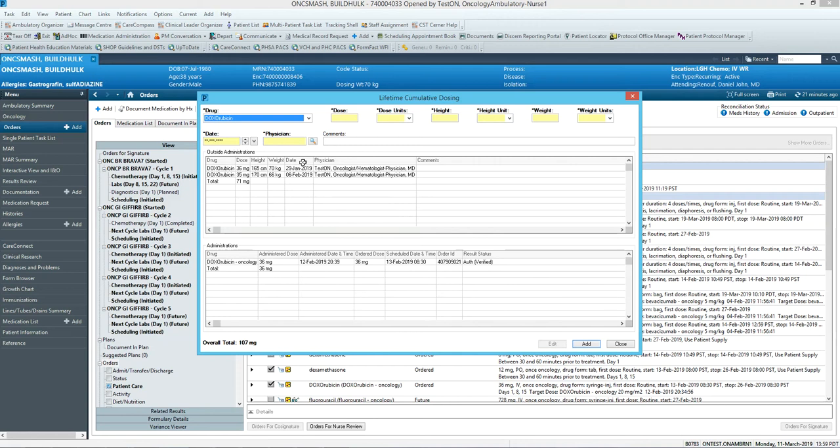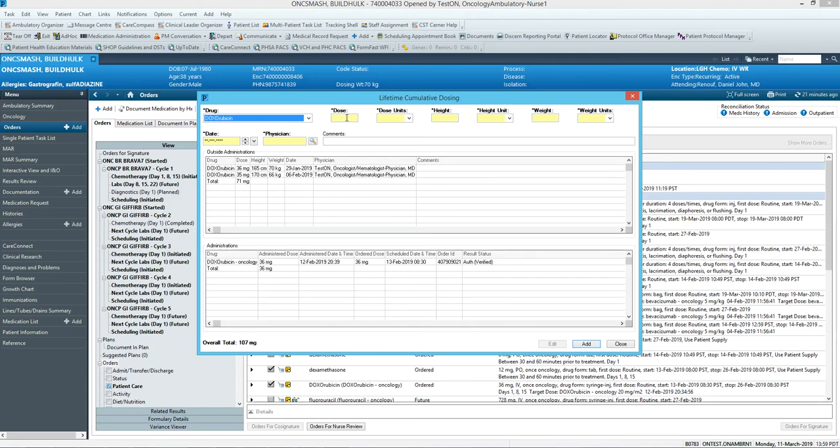One thing to note is that the total milligrams displayed in this calculator is in milligrams and not milligrams per meter squared, which is required to see if the lifetime max has been reached. When filling in this outside administration, as a useful tool, something to add in the comments might be what the milligrams per meter squared were.